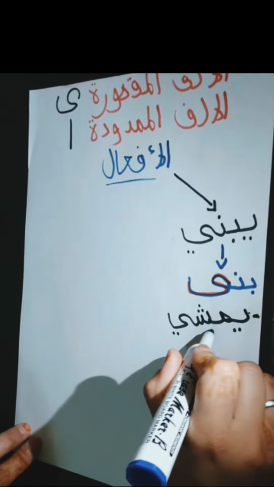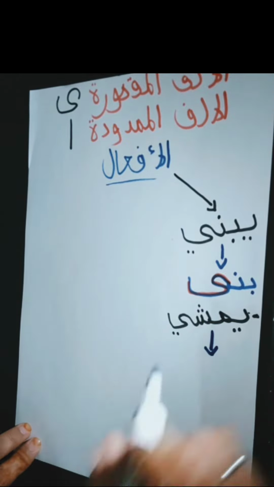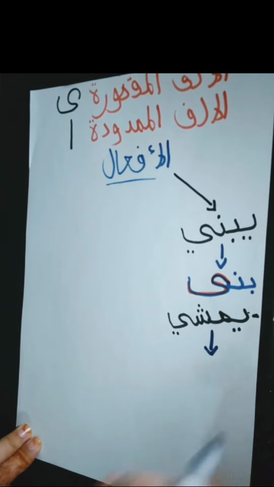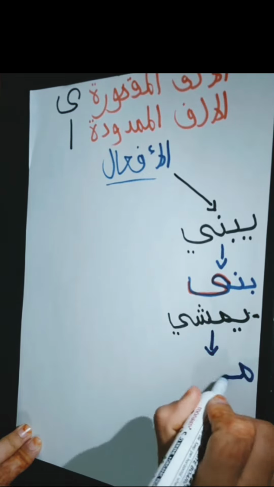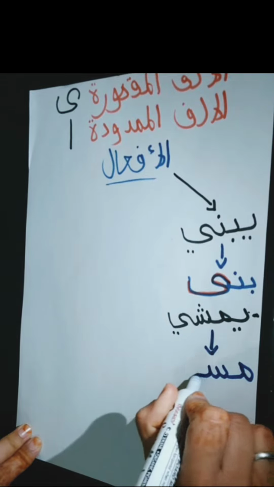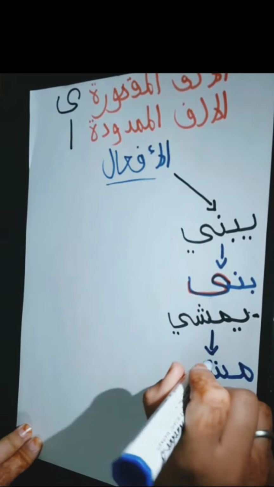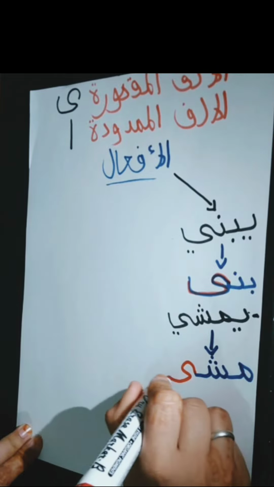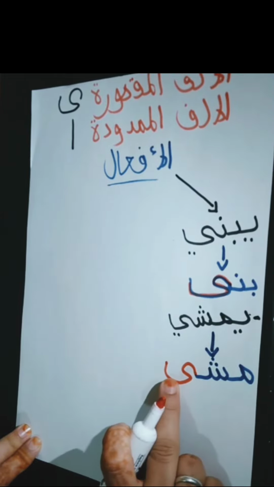Like يمشي, this word ends with ya. For that we will write it with الألف المقصورة, because the original of this verb is مشى. But when we put it in present tense, it becomes يمشي. For that we will write it الألف المقصورة.